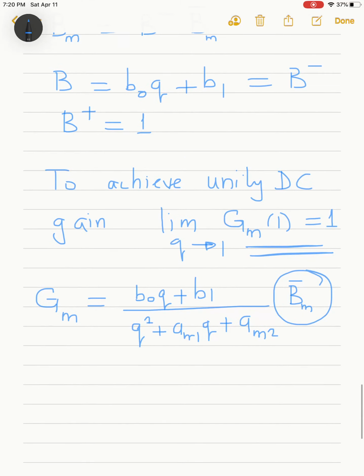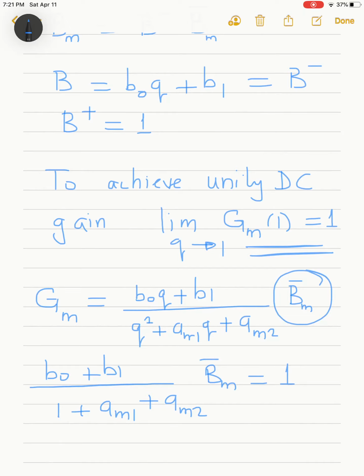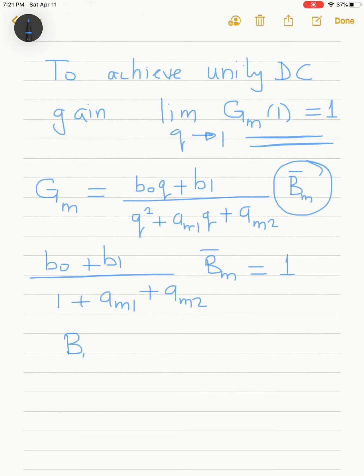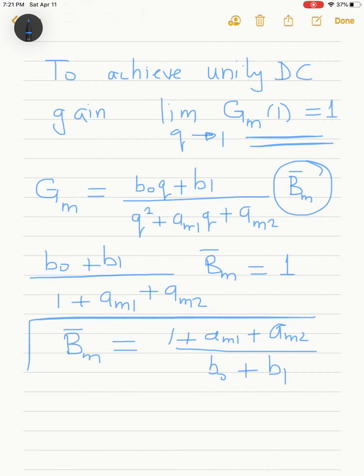So if we substitute then for q by 1, we get b0 plus b1 over 1 plus am1 plus am2 times Bm bar is equal to 1. This achieves unity DC gain, and consequently I can calculate the value of Bm bar as 1 plus am1 plus am2 over b0 plus b1. So this will be the expression for Bm bar.